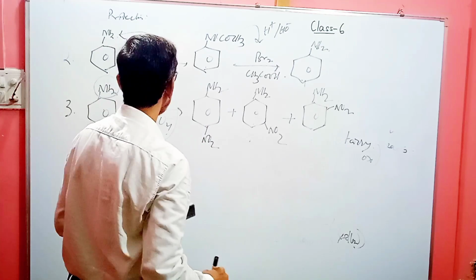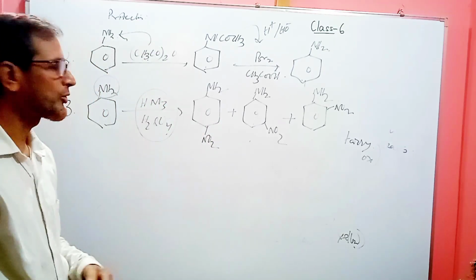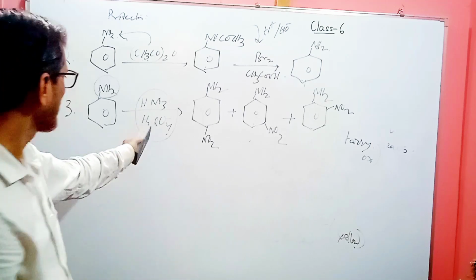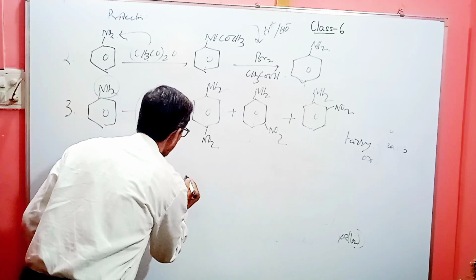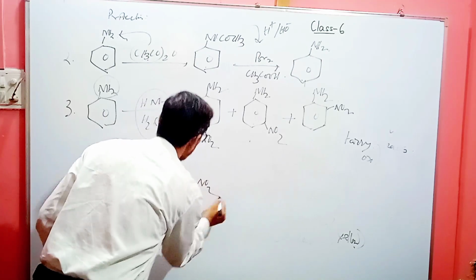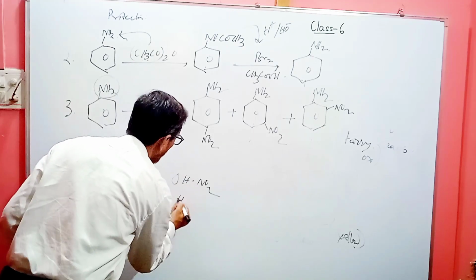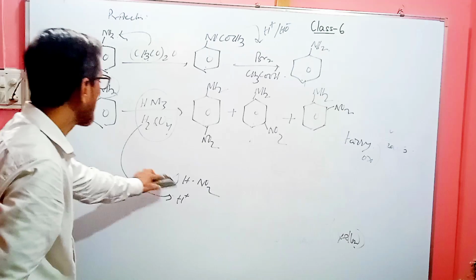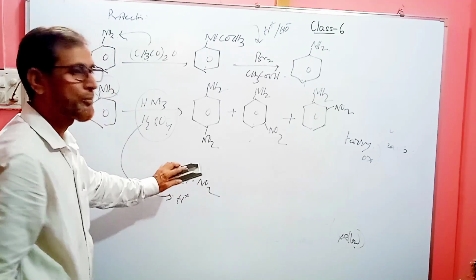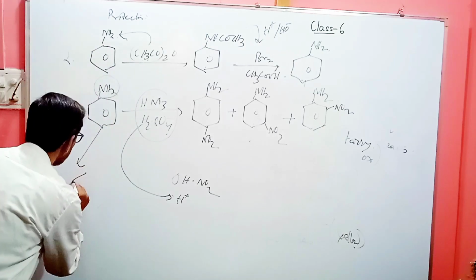Unwanted means it is due to the fact that HNO3 and sulfuric acid are both strong acids, but sulfuric acid is stronger than nitric acid. So nitric acid can be written as this, and one hydrogen from the acid gets attached to this one. HNO3 is protonated, and the amine is also protonated.